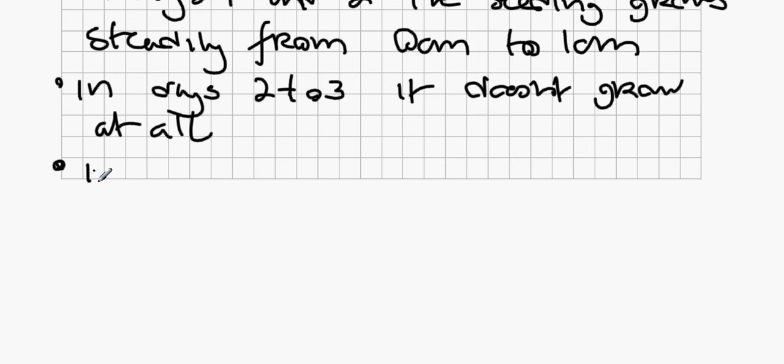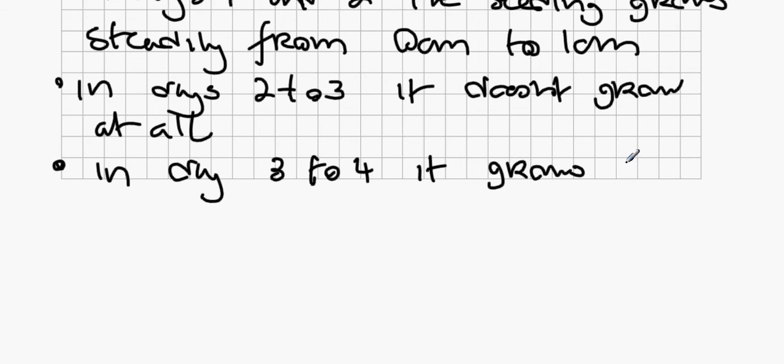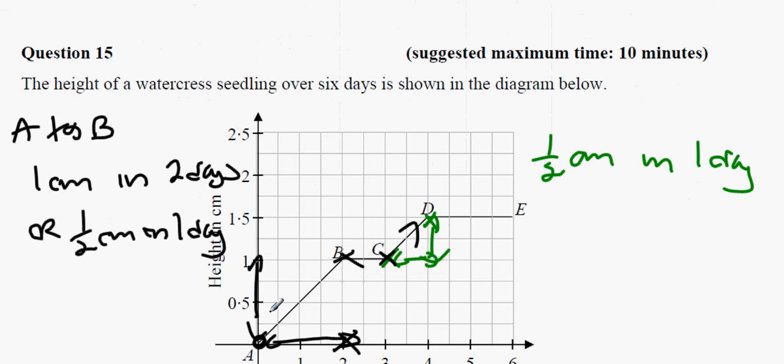Next one is in days 3 to 4. It grows steadily again. Now, what steadily means is that it grows constantly, right? It doesn't change around. So it grows steadily from the start of days 3 to 4.